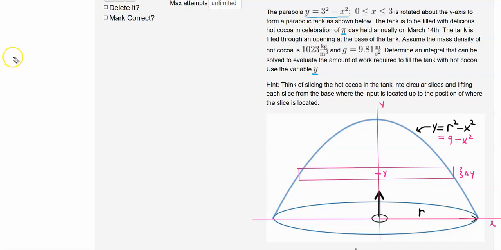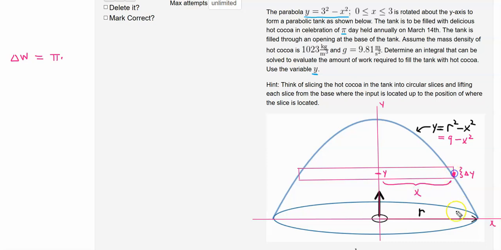So the small amount of work it takes, we need to calculate the mass of this slice. Keep in mind that this slice right here is actually a three-dimensional disk. See how the bottom here forms a disk. So we have to evaluate pi times the radius of this disk squared. Let's say the radius, this distance right here, we'll call that x.